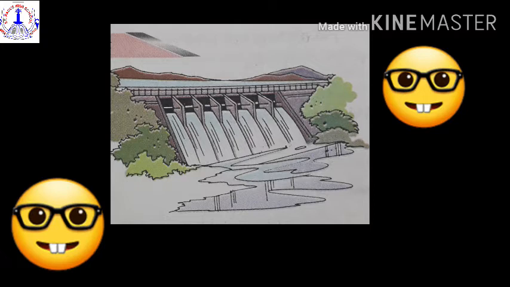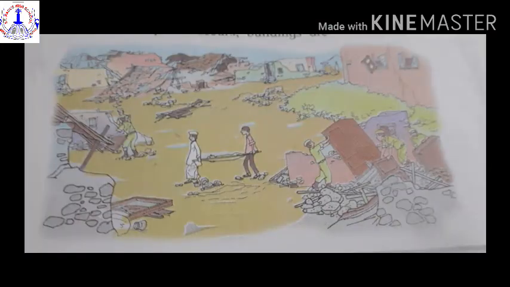People can get stuck under the fallen buildings. Dams can break down and cause floods. Many people are badly hurt. Many people even die. There is a great damage to life and property.